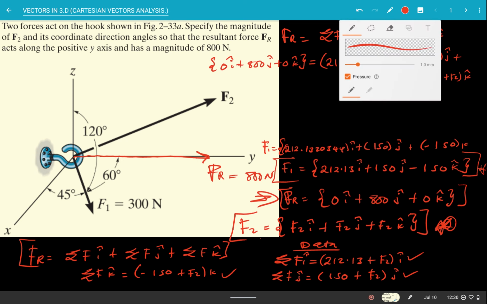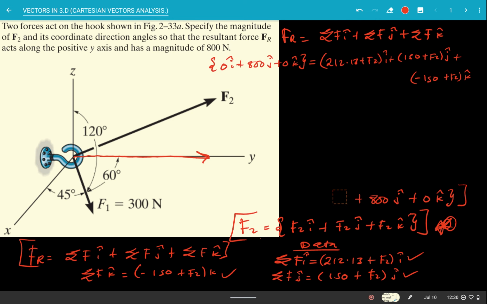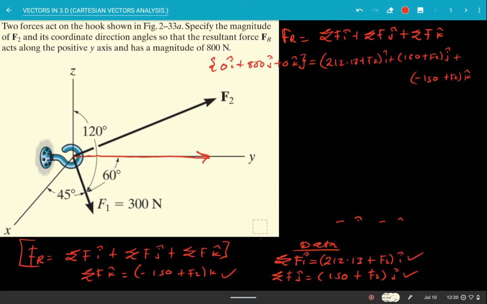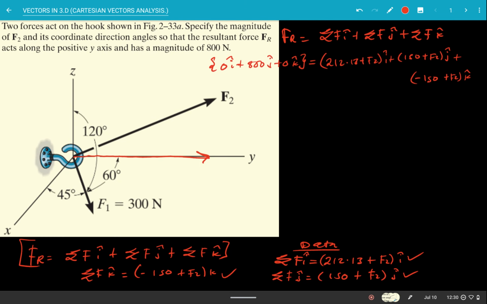All right, now that we have that, let's create more space. Now we need to get the corresponding values in the I, J, and K. I'll start with the I component.